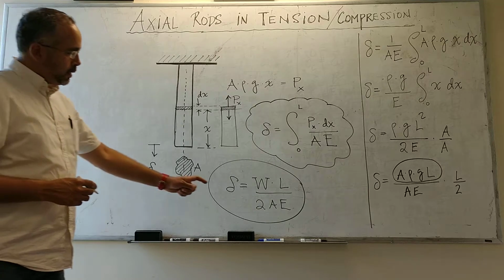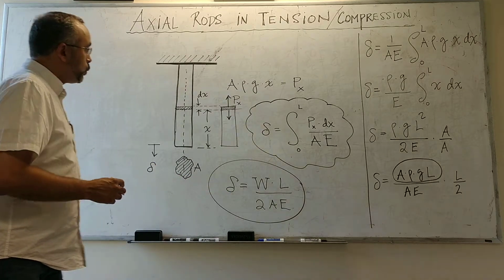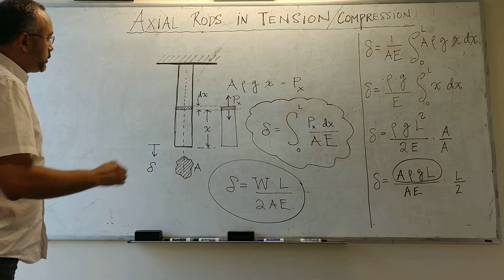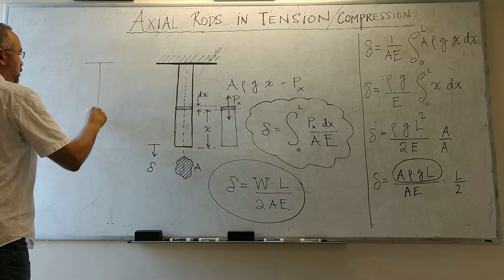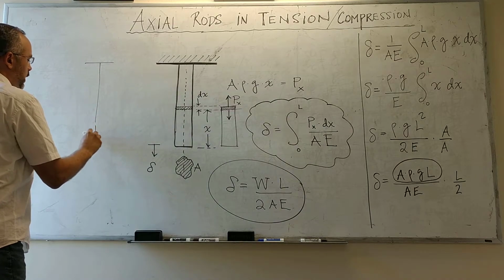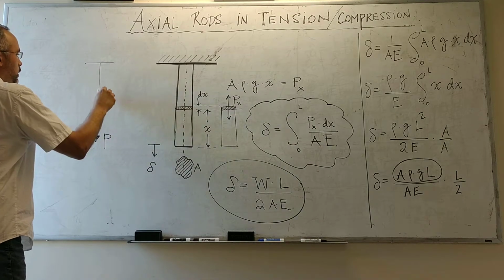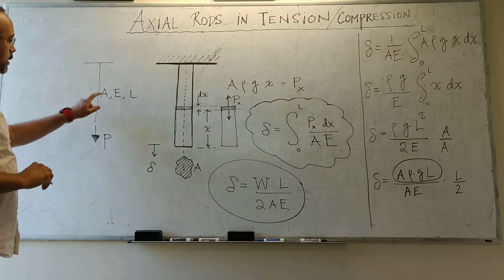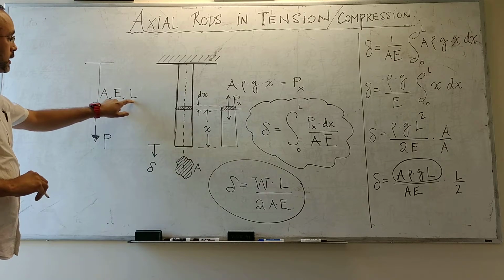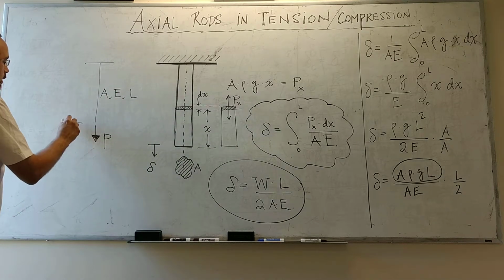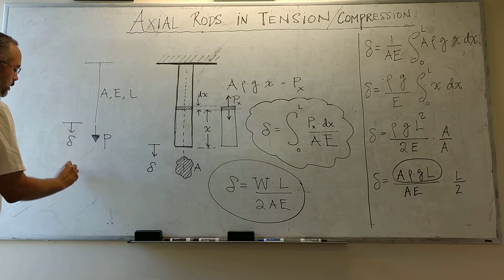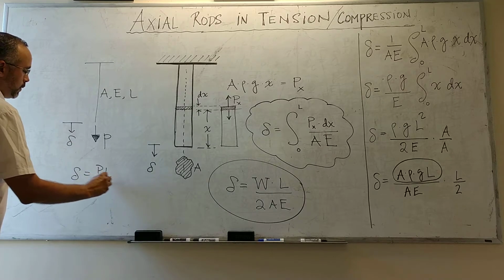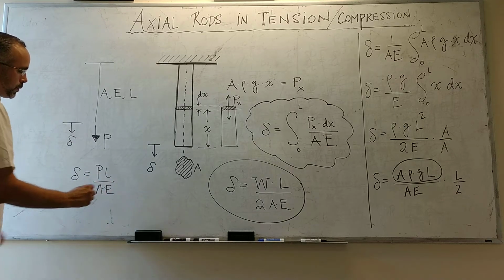If you compare that expression with one of our first results, which is if you have a bar with a load at the end, and the rod is prismatic and has an area A, modulus of elasticity E, and a length L, the deformation here is PL over AE.